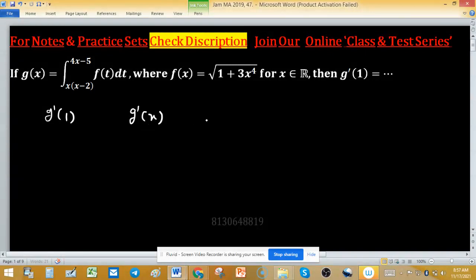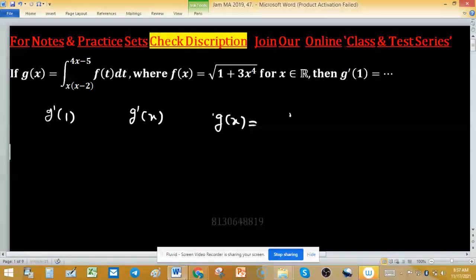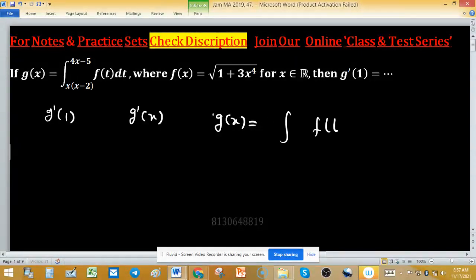Now to find g dash x, we need to differentiate the function g with respect to x. So g of x is defined as the integration over the lower limit and upper limit of f of t dt. Here the lower limit is x within brackets x minus 2, and the upper limit is 4x minus 5.